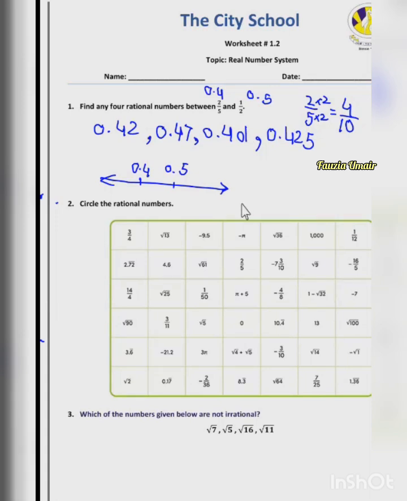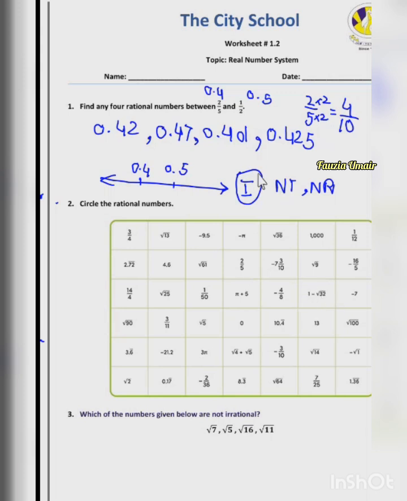And non-terminating and non-recurring. So irrational numbers are basically non-terminating, non-recurring. Out of the three decimals we have discussed, non-terminating, non-recurring are irrational numbers, where the division is not ending and there is no pattern also.